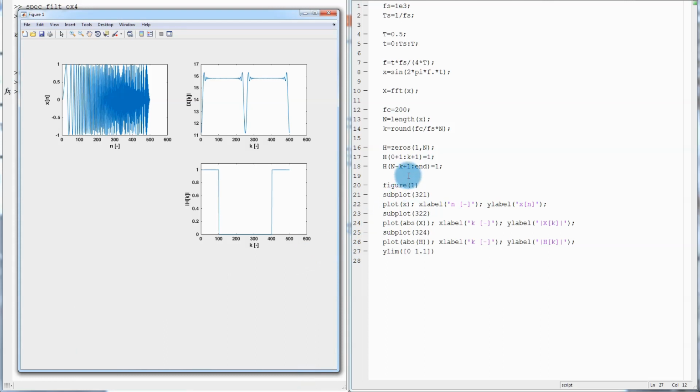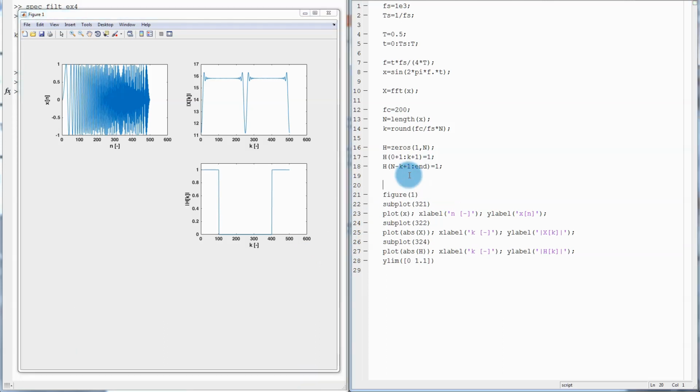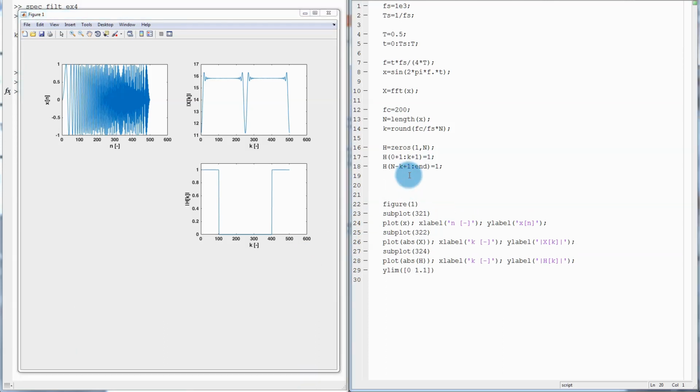Okay, now that I have that frequency characteristic, I can finally apply it to the spectrum of my signal. So I will take the spectrum of my signal and I will multiply it with that frequency characteristic, and I will get some altered spectrum, which I will denote as uppercase Y. Now that I have that altered spectrum, let's plot it.